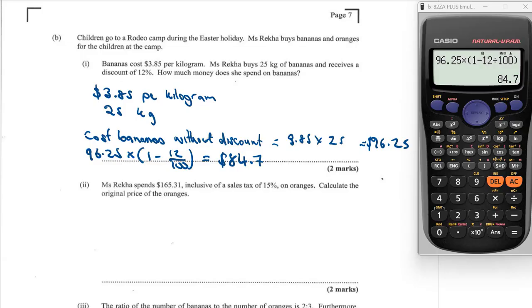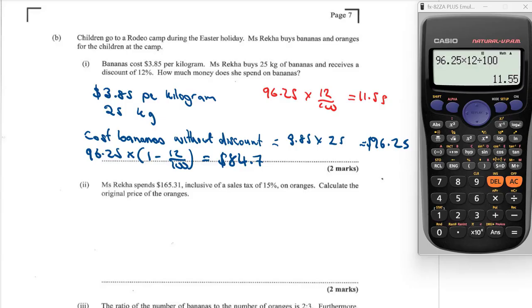Again, there's a next way we could work it out. I know some persons might say 96.25 times 12 over 100, and that is going to give them, so let's put this in our calculator, 96.25 times 12 divided by 100, and that gives you 11.55. So that is the discount she received.